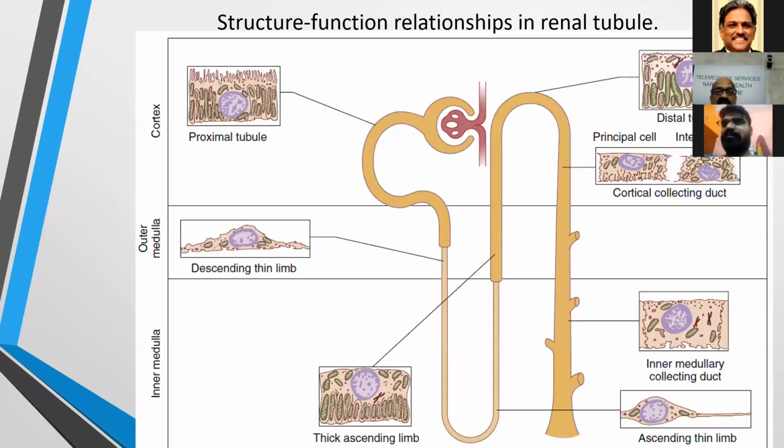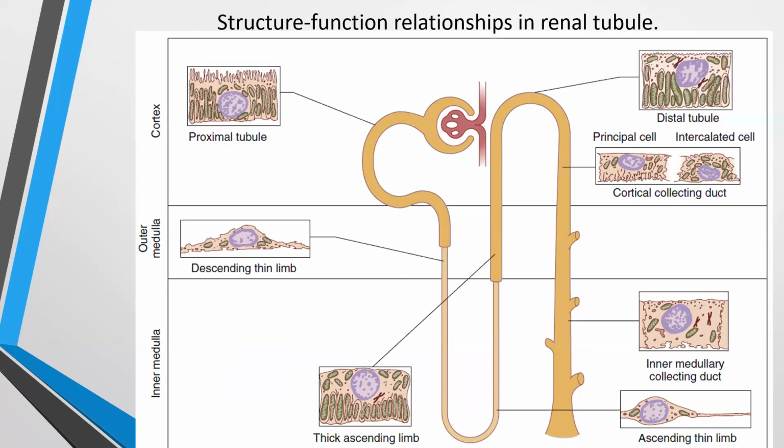This shows the structure and functional relationships in the renal tubule. As you know, the renal tubule basically contains the glomerulus, the proximal tubule, the loop of Henle, the ascending loop of Henle, and then the collecting tube.